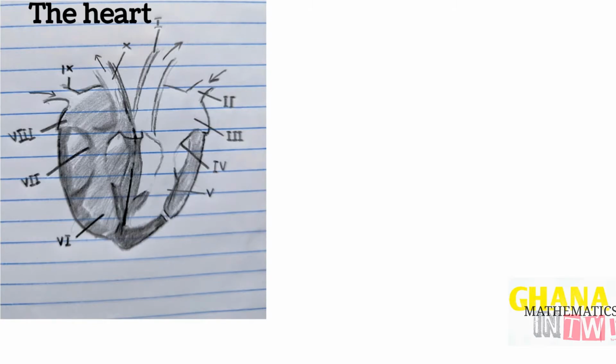We will see which arrows enter the heart and which arrows get out from the heart, and then the functions of the various parts. The heart is one of the most important organs. The heart is very important.